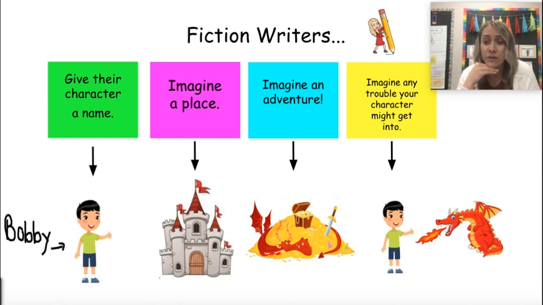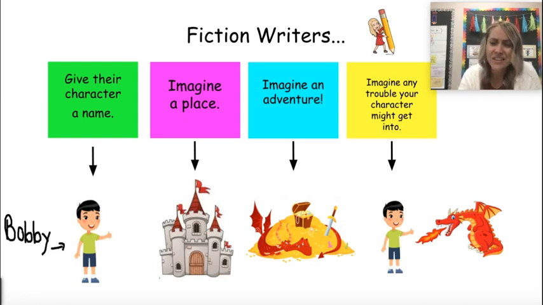And I'm sure if you think back on your most favorite movie, or even your most favorite show, you'll see that the characters in those shows and movies, they always have some sort of problem or some sort of trouble that they get into. Well, I was thinking about my story about Bobby that I told you about on Monday.